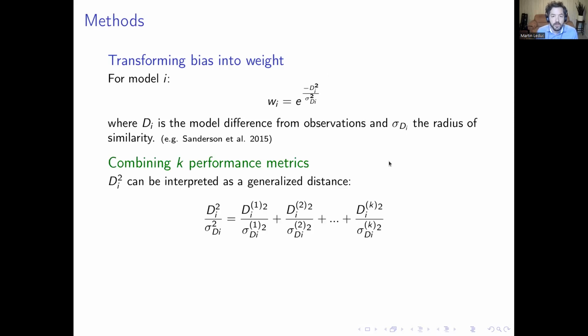What is interesting with this equation is that we can interpret the bias as a generalized distance, so you can decompose it into several directions. You can combine, for instance, a bias across different variables or seasons. After that, the total weight of your model will simply be a multiplication of the different individual weights associated with this particular model.